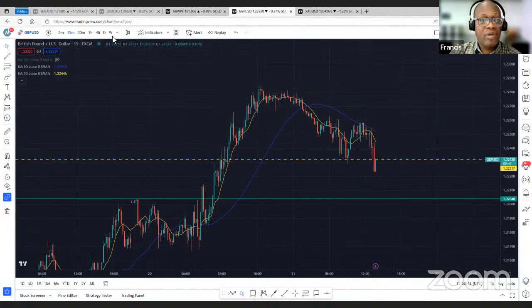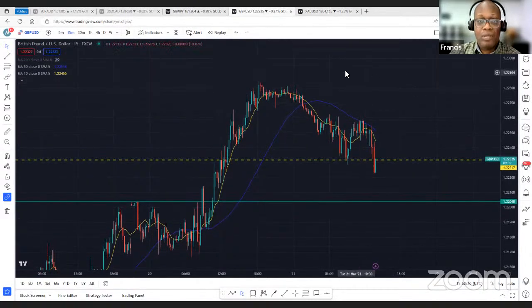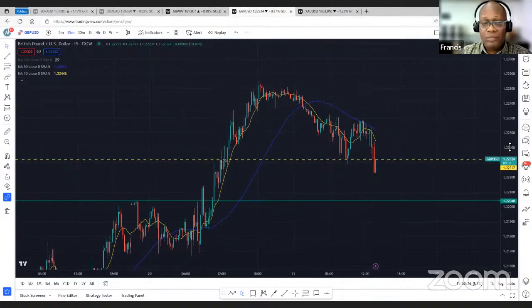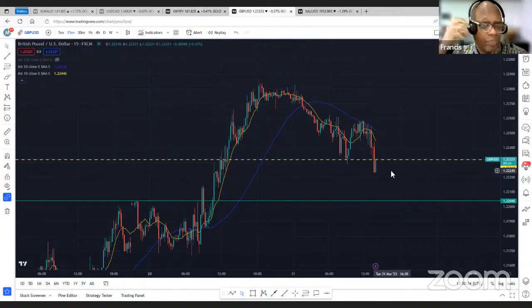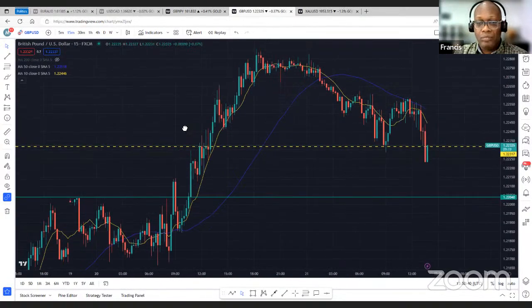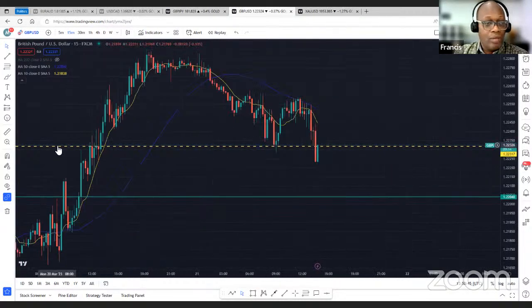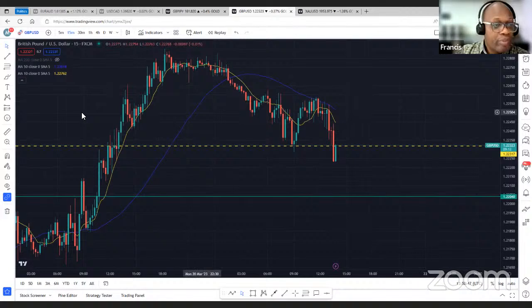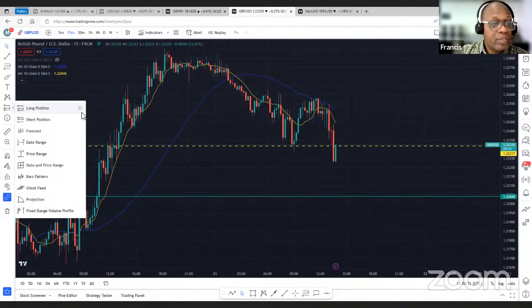This is the 15-minute time frame. If you were to sell this, where would you place the stop loss? Let's just bring it out.